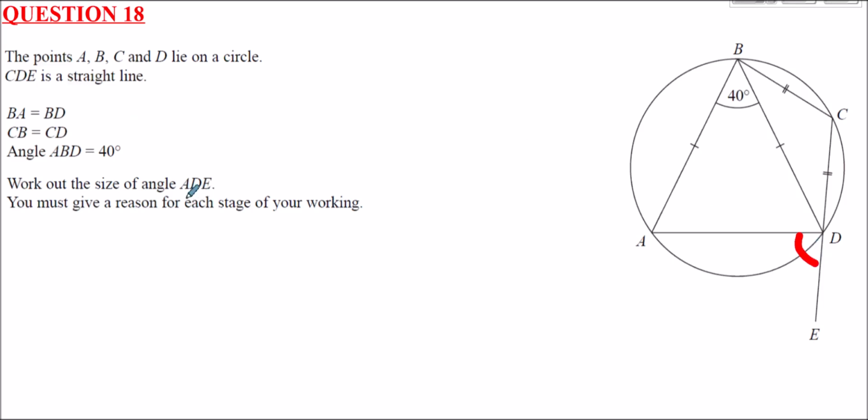So we also need to give a reason for each stage of our working. So first of all, I think we could quite easily work out the angle here and here, because this is an isosceles triangle. So we can say that angle BAD, which is also going to be equal to angle D, which is ADB.